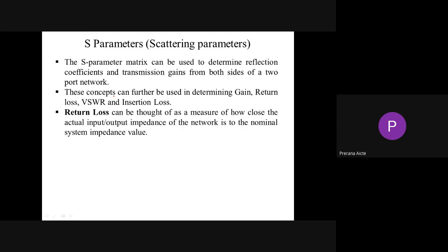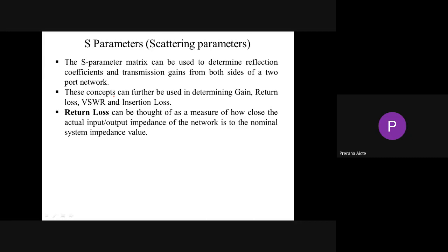The return loss can be thought of as a measure of how close the actual input and output impedances of a network are to the nominal system impedance value.